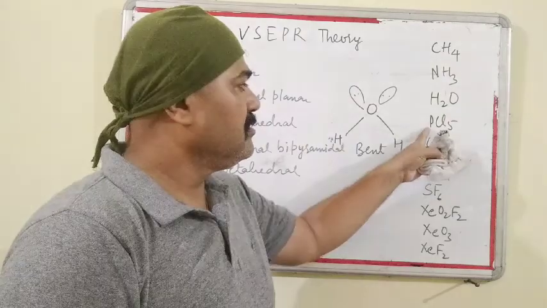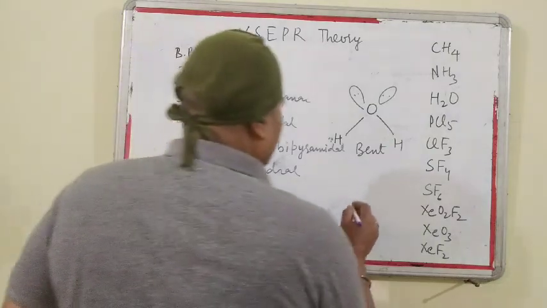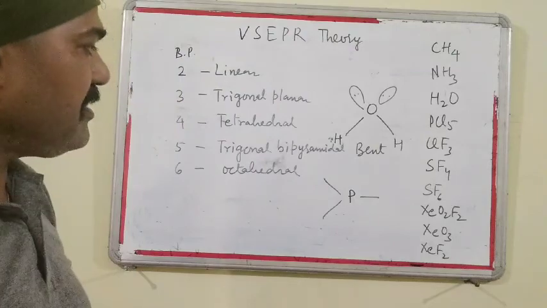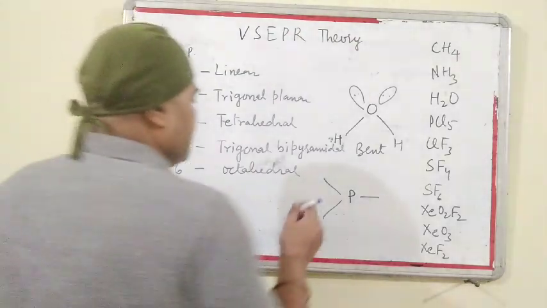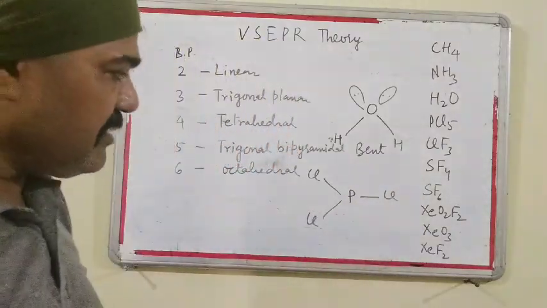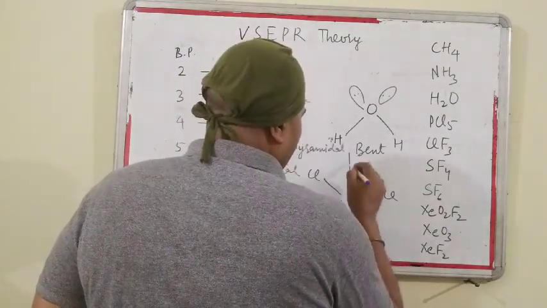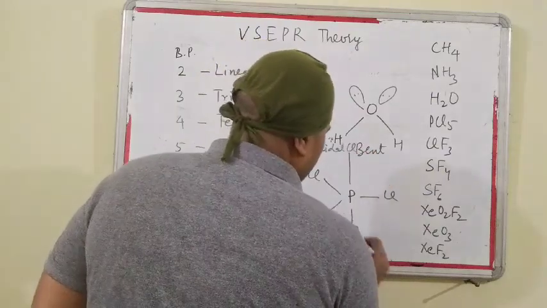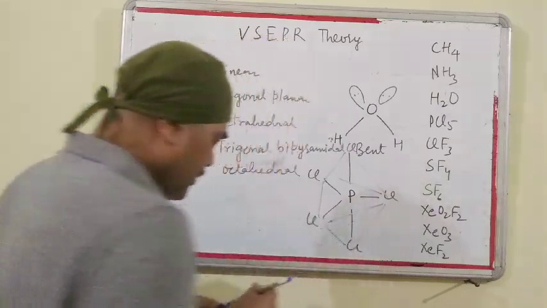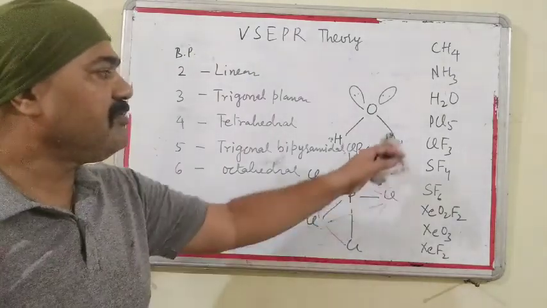It combines with 5 chlorine atoms, and to make the electron pair repulsion least, it arranges like this: 3 chlorine atoms are at equatorial positions and 2 at axial positions, and its shape is trigonal bipyramidal. Is it clear?